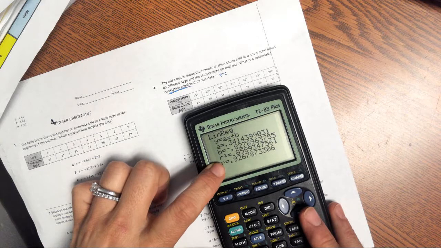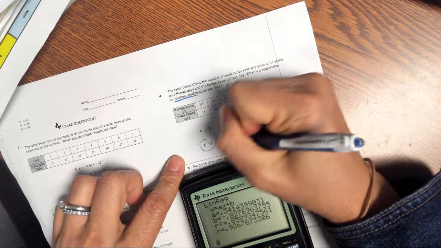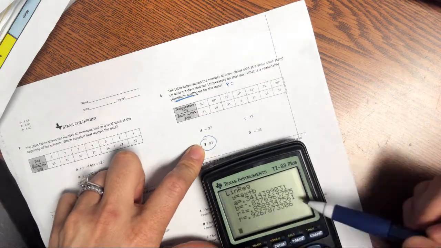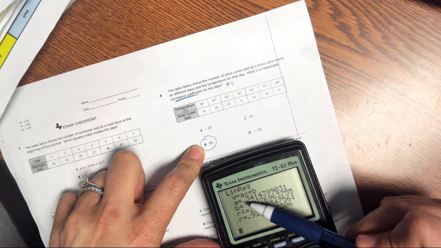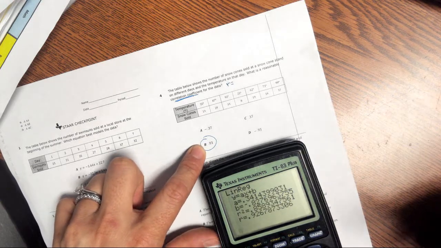And then your R pops up and it's 0.926. So the best answer would be B. If you forget to turn the diagnostic on, you would probably get 0.34, and you might pick answer choice C instead of answer choice B. So you have to be careful of that. Okay.